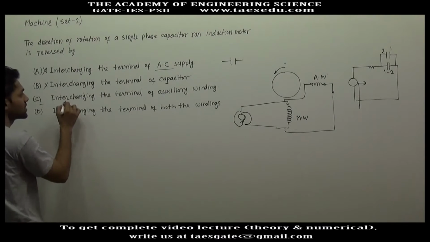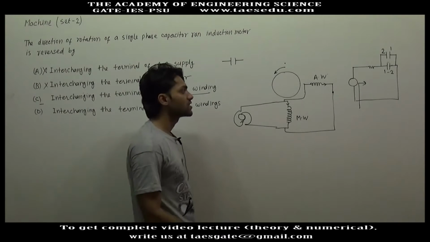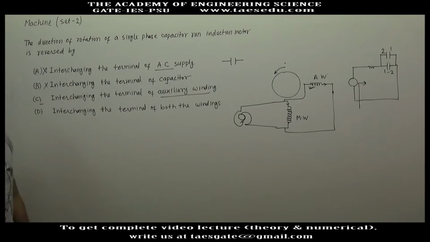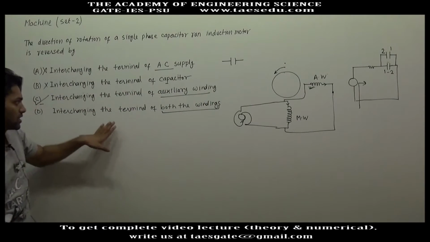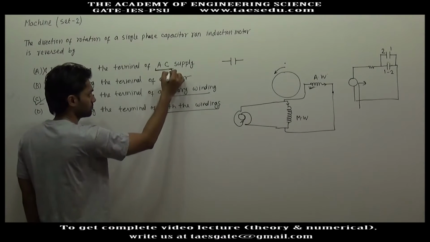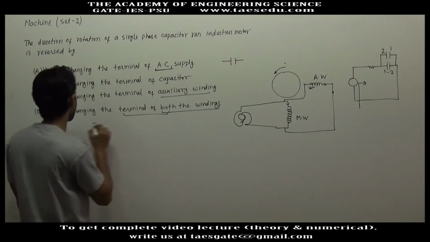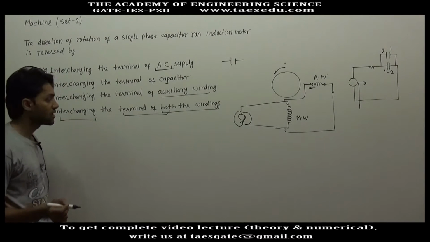The C option says interchanging the terminal of the auxiliary winding. It means you are interchanging the terminal of only one winding. So in this way, the direction of rotation can be reversed. This option is correct. Interchanging the terminal of both the windings has the same meaning as the statement in option 1. If you interchange the terminal of AC supply, the terminal of both the windings will be interchanged, and in this case the direction of rotation will not be reversed.